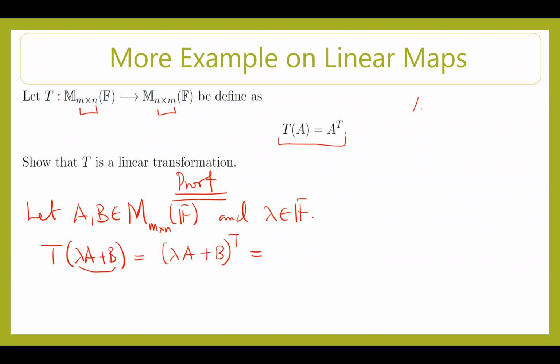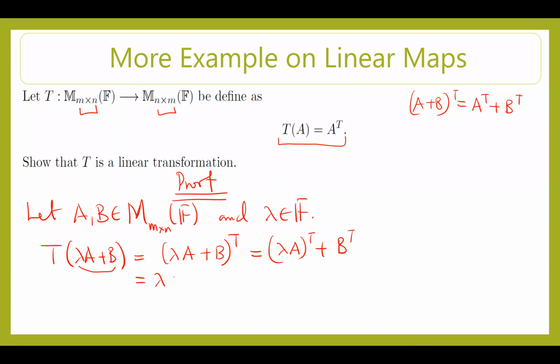Now, remember that the property of transpose says you can distribute the transpose. So (A plus B) transpose means A transpose plus B transpose. So lambda (A plus B) transpose is the same thing as (lambda A) transpose plus B transpose. Now, when I have a constant with the transpose, the constant comes out without the transpose, since it is a scalar.